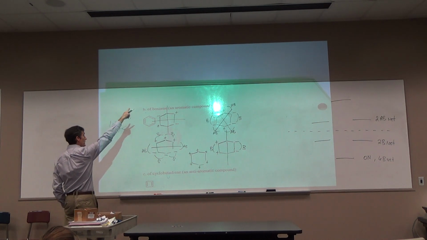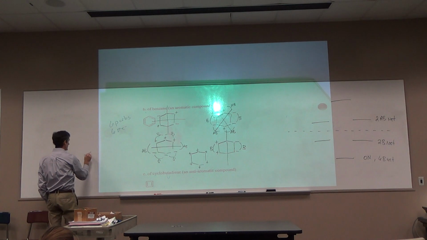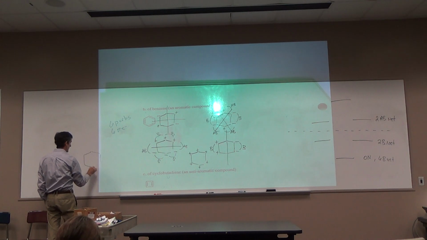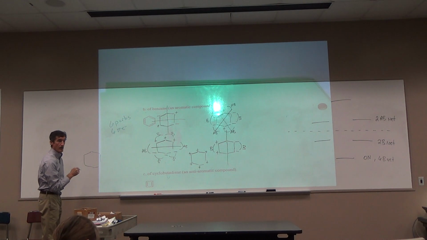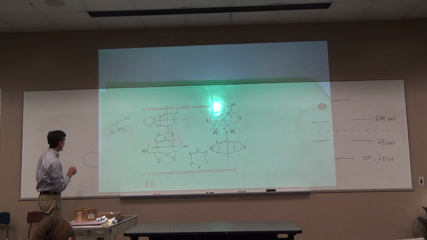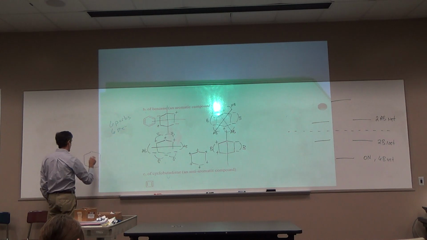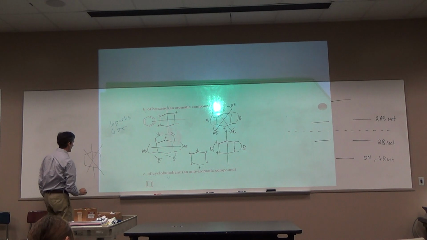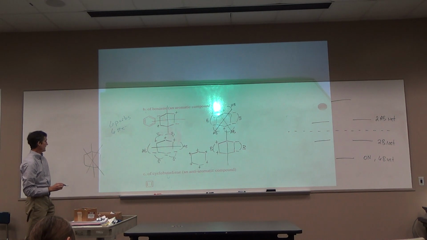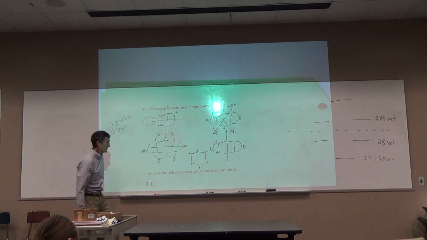Now the 6th one we're going to draw at the top, but I'm going to draw it over here. How many nodes for this one? 3. How can we get 3 nodes? I think it would be here, here, and here. No. Let me see if I can get 3.